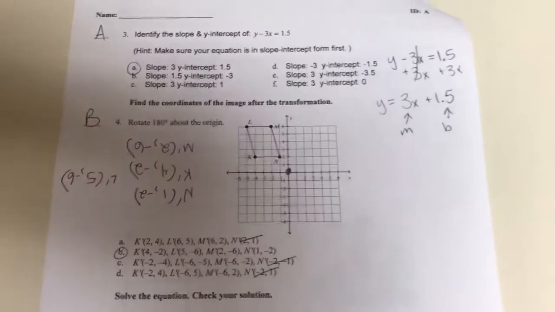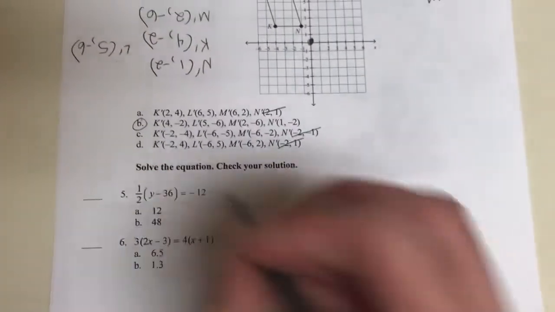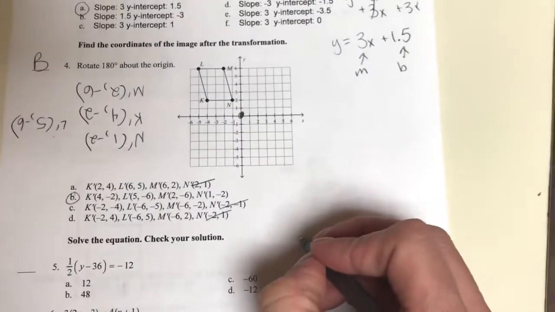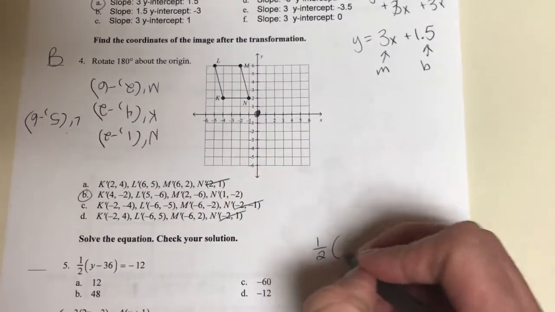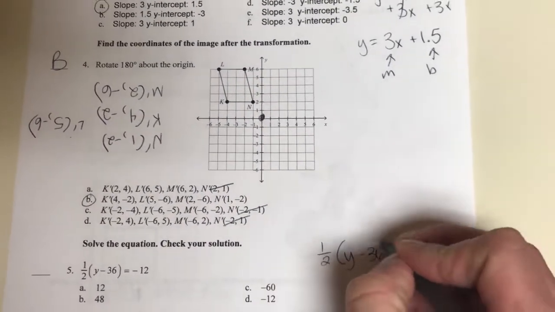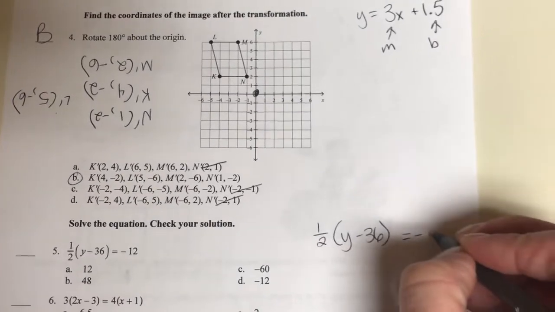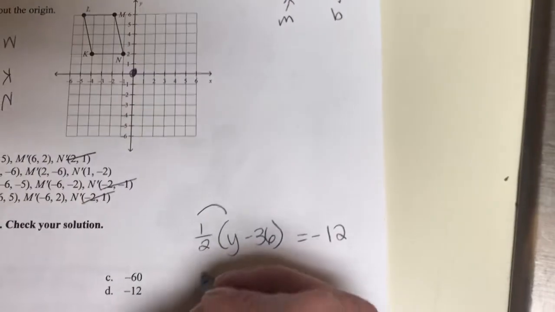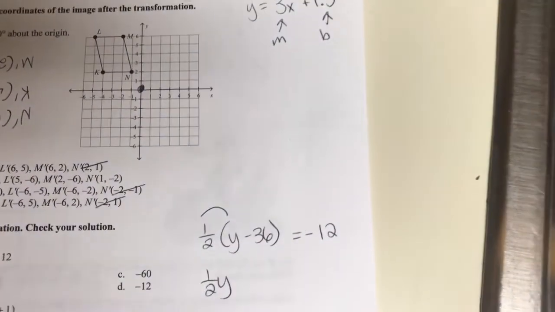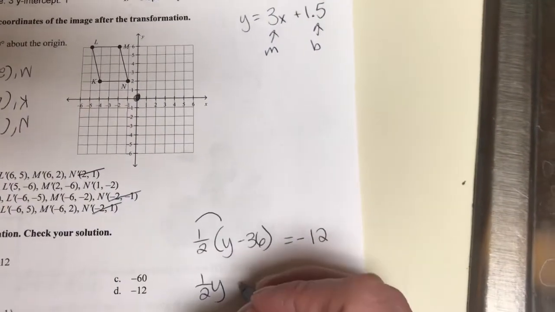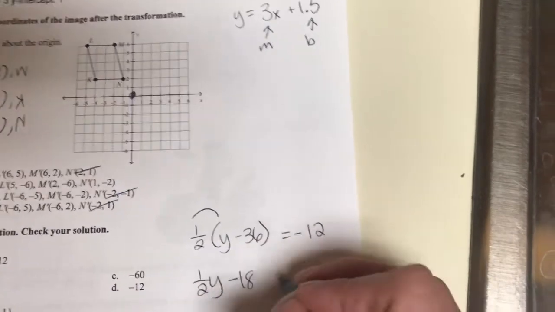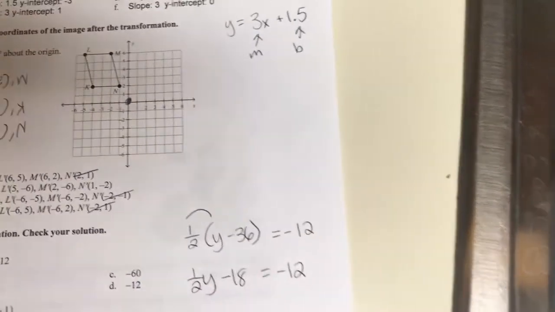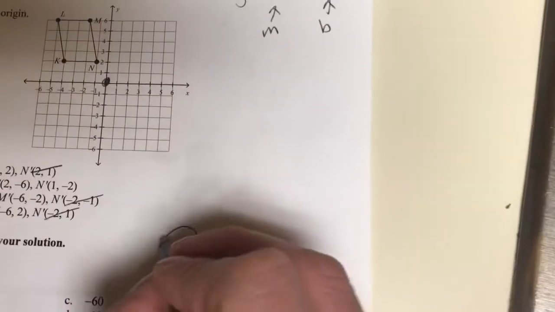Right off the bat. Solve the equation. Check your solution. I'm going to rewrite the problem to the right. 1/2 times y minus 36 equals negative 12. Distribute the half a y. Half of negative 36 is negative 18. That equals negative 12. Okay, so I did distributive property.